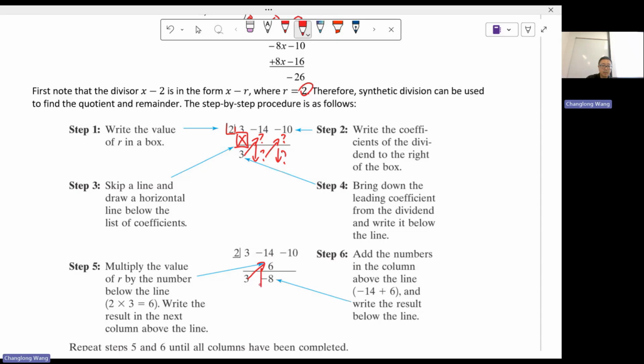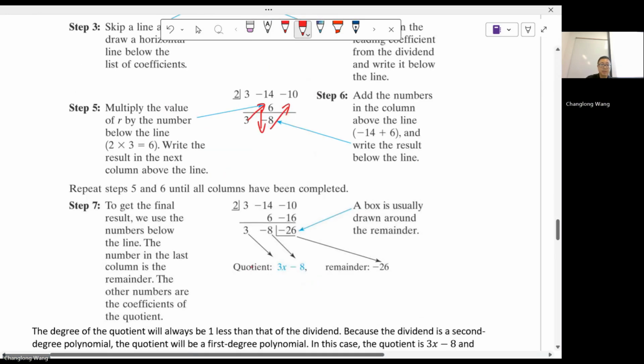Then as you come down, you take negative 14 and the 6, and just add them up. Going up, multiply with the number you kept in the box. Coming down, add up the two rows, and you get, in this case, negative 8. You come back up again, but now you multiply negative 8 with that 2 to get negative 16.